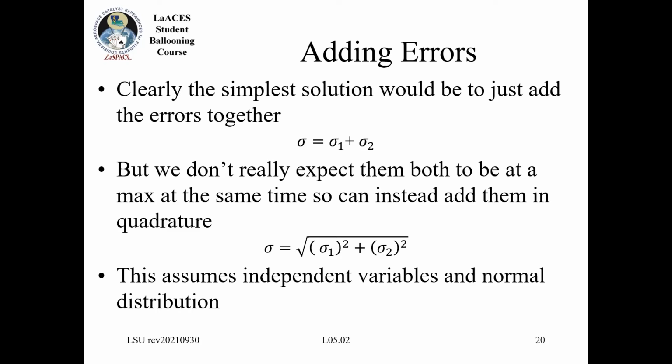We're not going to do that here. That's well beyond the scope of what we want to get into in this program. But one thing to note is it assumes that our 1 and our 2 here are independent of each other. They're independent variables, they don't affect each other, and each of those errors follows a normal distribution.